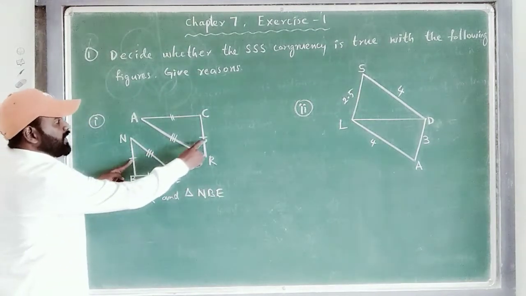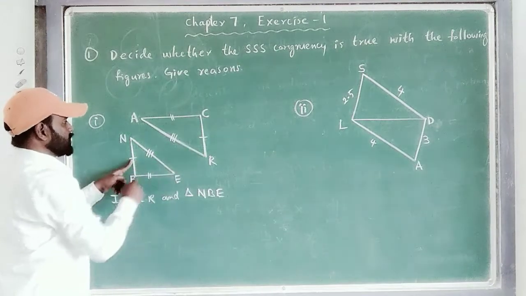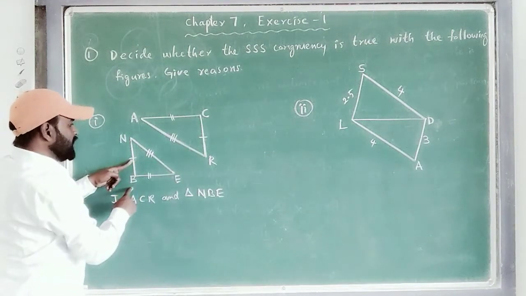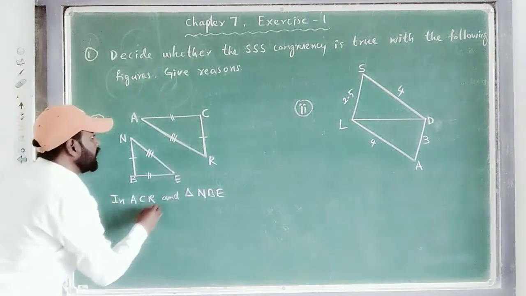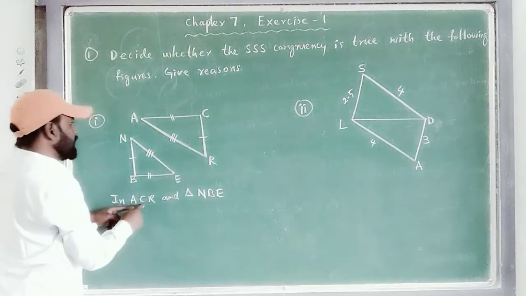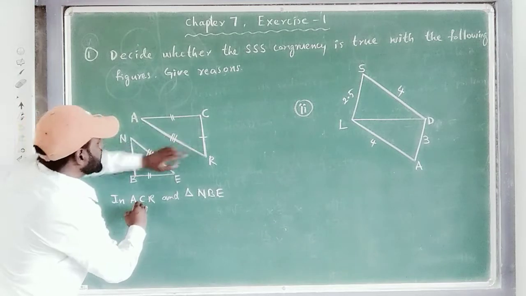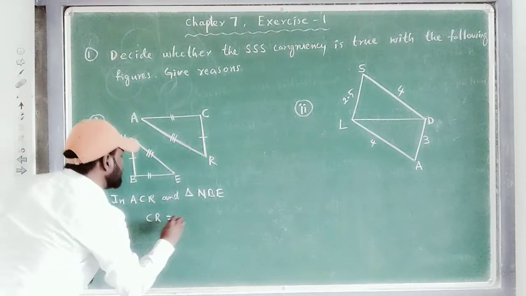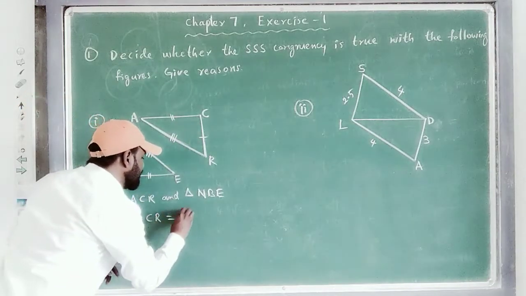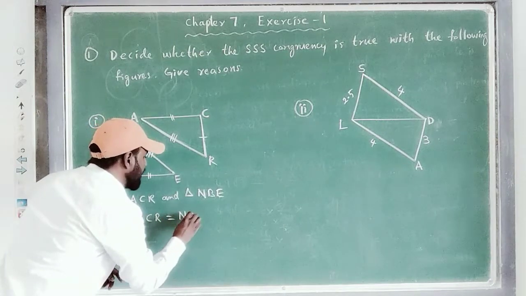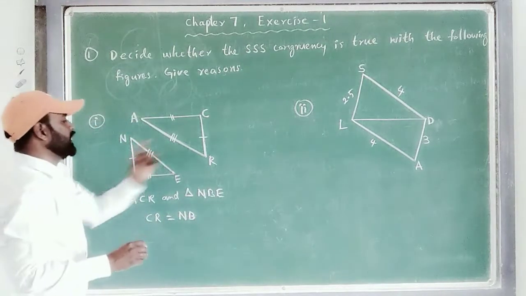In these two triangles, the corresponding sides are marked with symbols. Here one line is given, here one line is given. That means these two are corresponding sides, NB and CR. In triangle ACR, CR is equal to NB. Yes, this is one side. Corresponding sides both are equal.